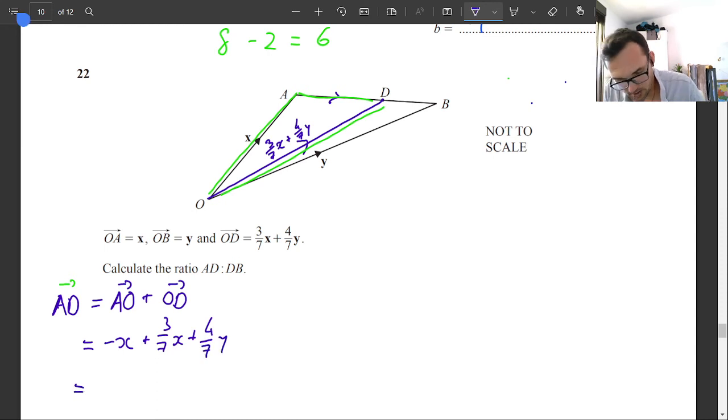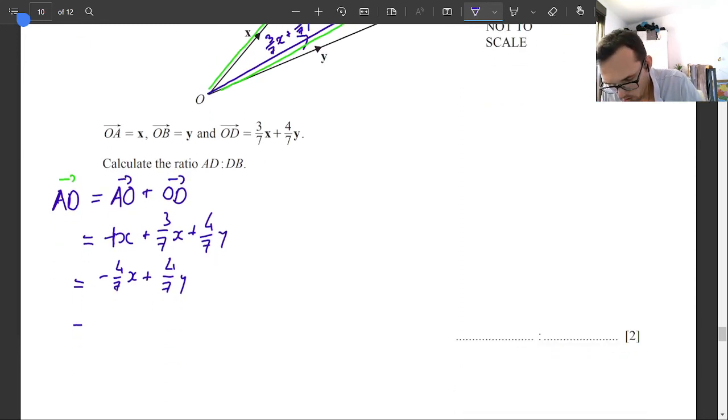Let's simplify that. What is minus 1 plus 3/7? If you're not sure, put it in your calculator, minus 1 plus 3/7. That will give us minus 4/7 x plus 4/7 y. Now that's sweet. I like it because it's the same. I'm going to swap them around to make it look even nicer.